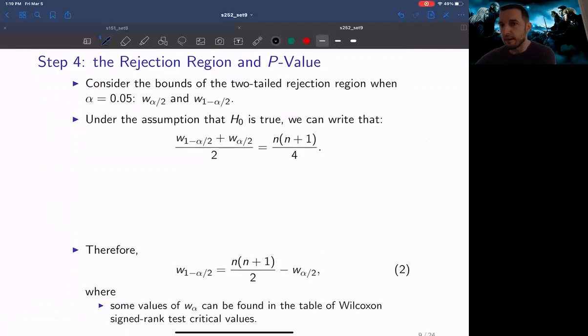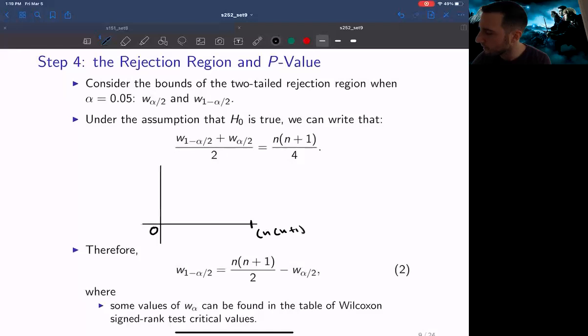So if we consider, for example, a two-tailed test, since n times n plus 1 over 4 is at the middle, that means that the two critical values for a two-tailed test must be equidistant from the median. So the median of the critical values is the same as the median of the bounds. Visually, what I mean is, if we take a graph that looks like this, here we have 0, and here we have n times n plus 1 over 2, the min and the max.